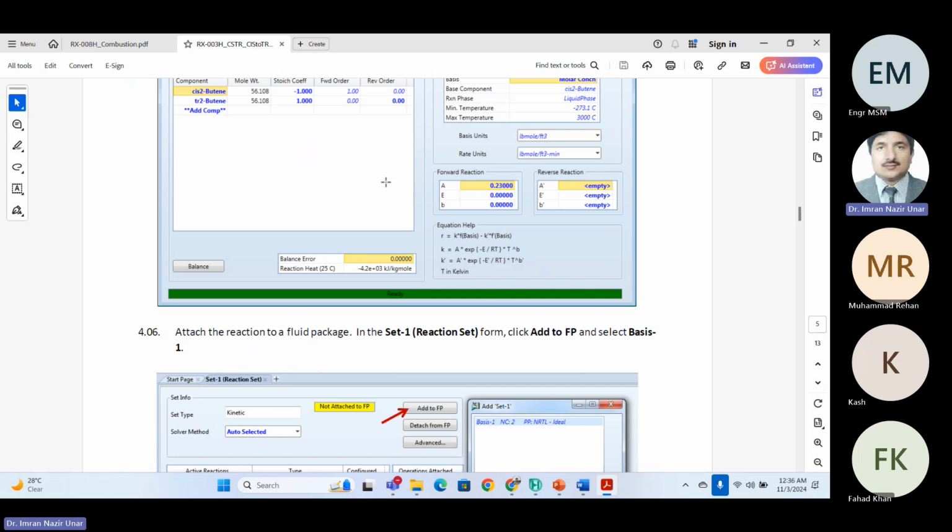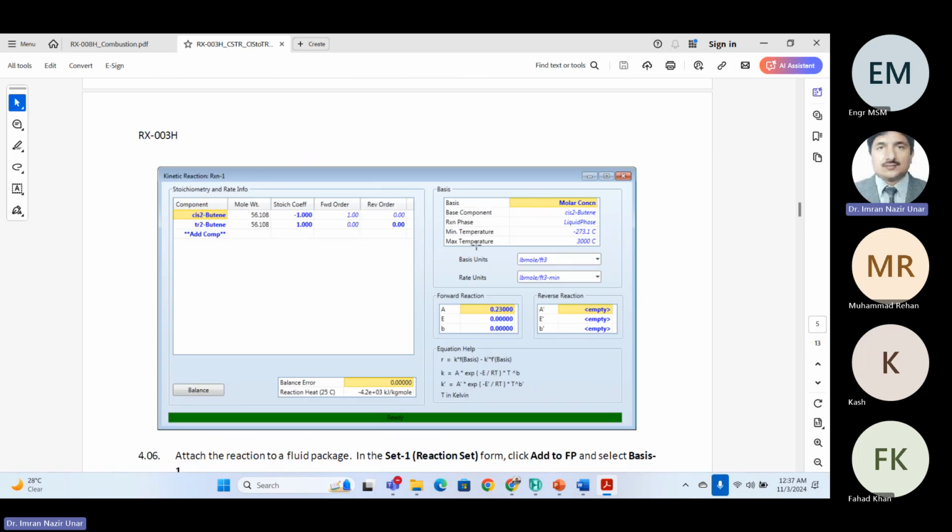So this reaction defines the reaction, and it gives the appropriate kinetic rate by defining only the Arrhenius constant and activation energy.